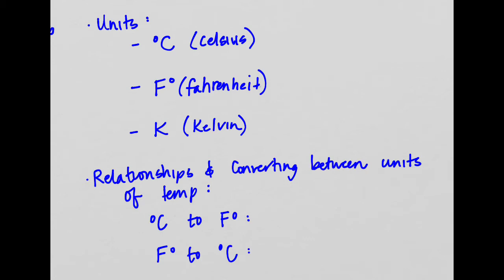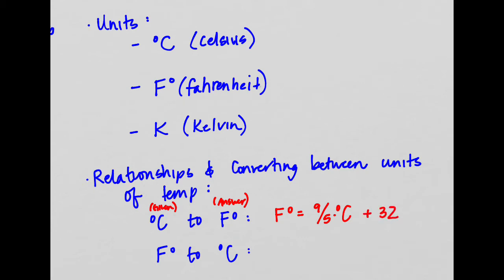All right, so when we go from Celsius to Fahrenheit, if we're given a temperature in Celsius and we want our answer to be in Fahrenheit, we are going to use the equation that the degrees Fahrenheit will equal 9 divided by 5 times our degrees Celsius, and that's going to be plus 32.